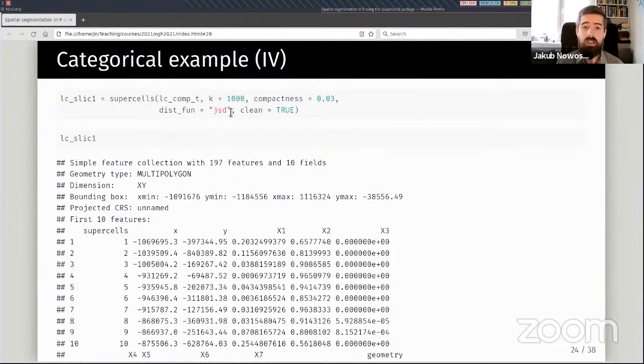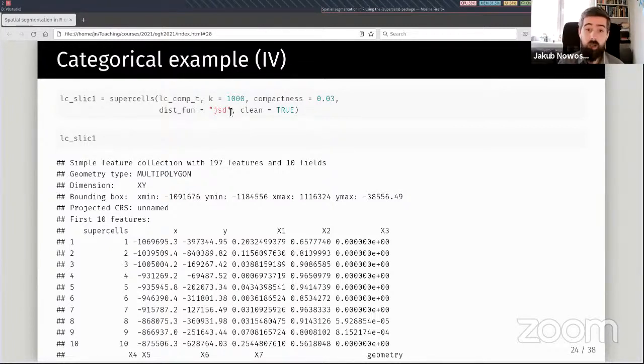It's the fastest. The second approach that you can use is 46 different distance measures from the philentropy package, and it is already implemented in this supercells package. So you can use that already if you just install my package from the R-universe website. It will also install the development version of the philentropy package with those 46 distance measures available.